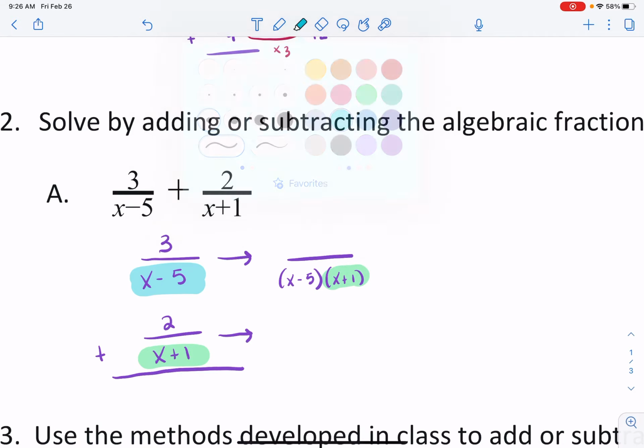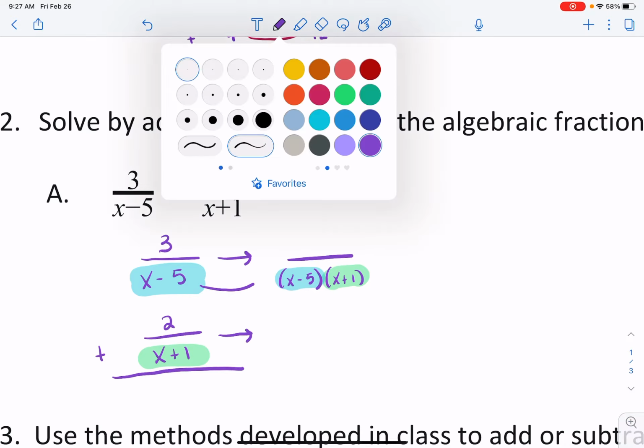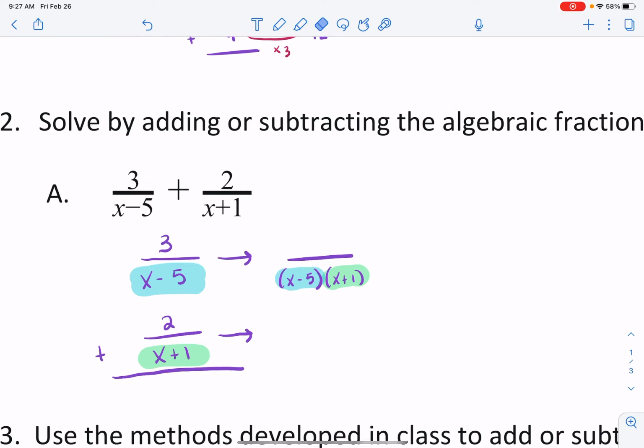Okay, so I'm going to do that. But then what I did to get from here to here, let me use a different color, was I multiplied by x plus 1. Okay, so you're going to do that same thing to the top.